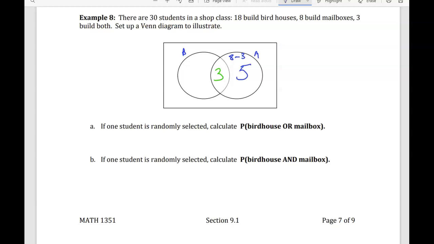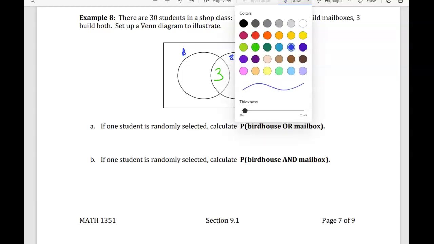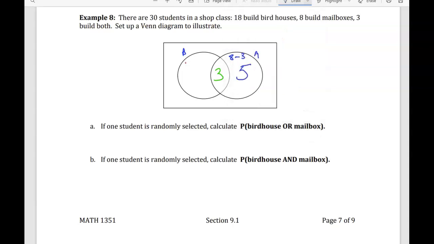Then I have 18 birdhouses, but I subtract out the 3, leaving me with 15 total that built just birdhouses.